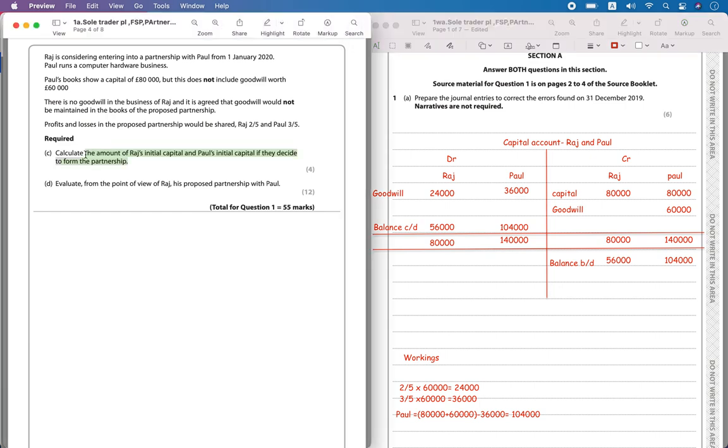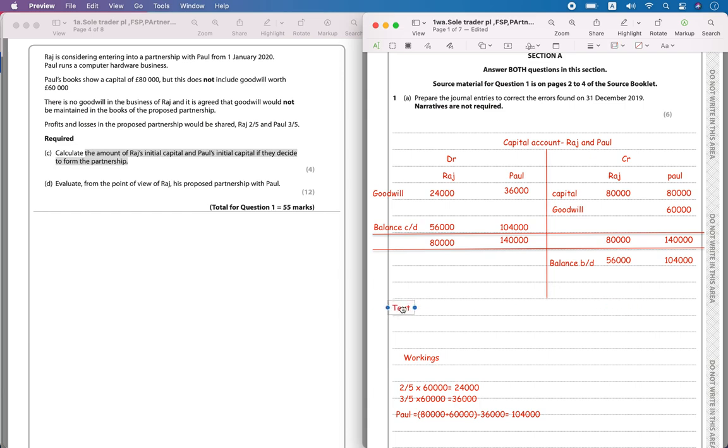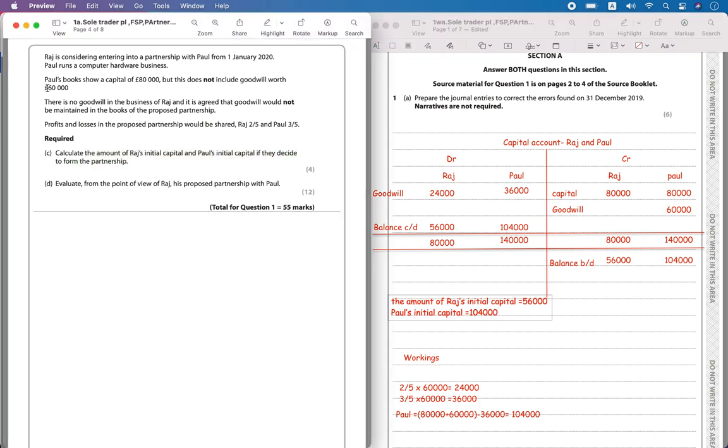So the answer is, the amount of Raj's initial capital is going to be equal to 56,000 and Paul's is equal to 104,000 pounds.